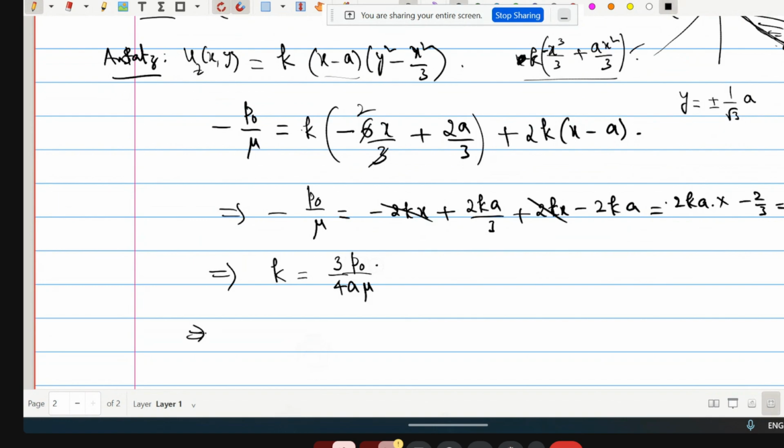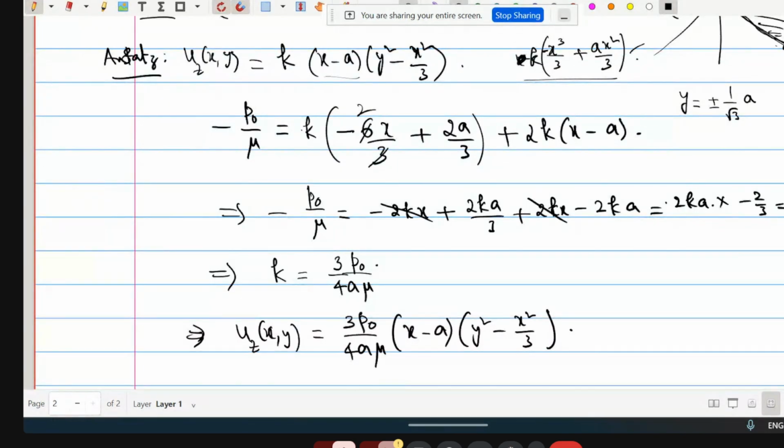So go and substitute. This will give me finally my uz of x, y. Uz of x, y equal to, with k now 3 p naught by 4 a mu, times (x minus a) into (y square minus x square by 3). So this is your function. Yeah, I have also got the same number.